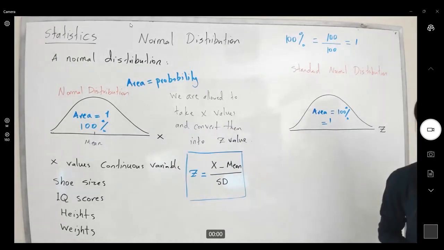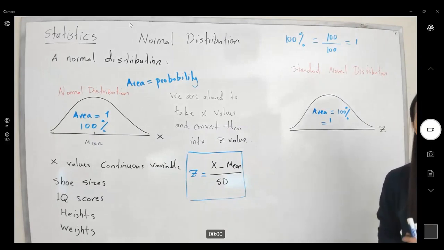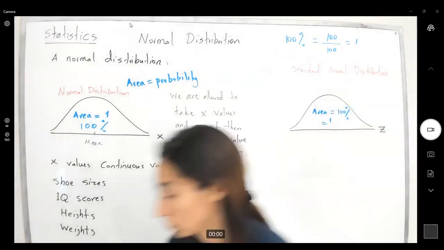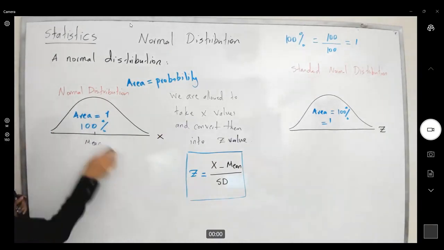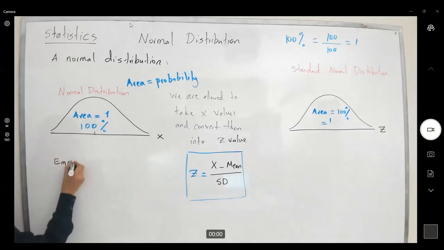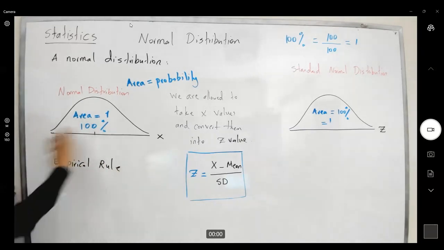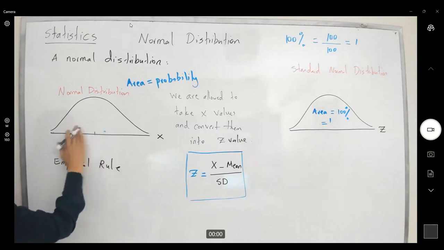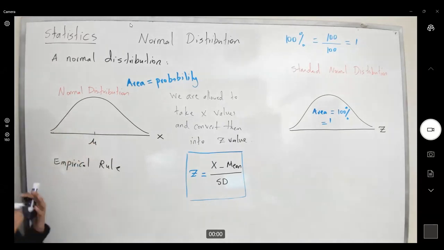What happens to the mean? What happens to the standard deviation? Let us go back to the empirical rule. From the empirical rule, we can divide up a normal distribution this way. The rule says that if you have a normal distribution, whatever the mean is, 68% of the data are within one standard deviation of the mean.